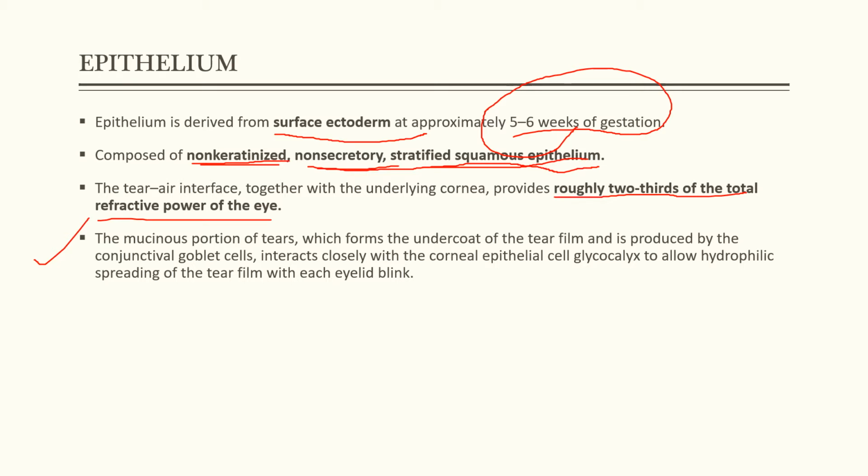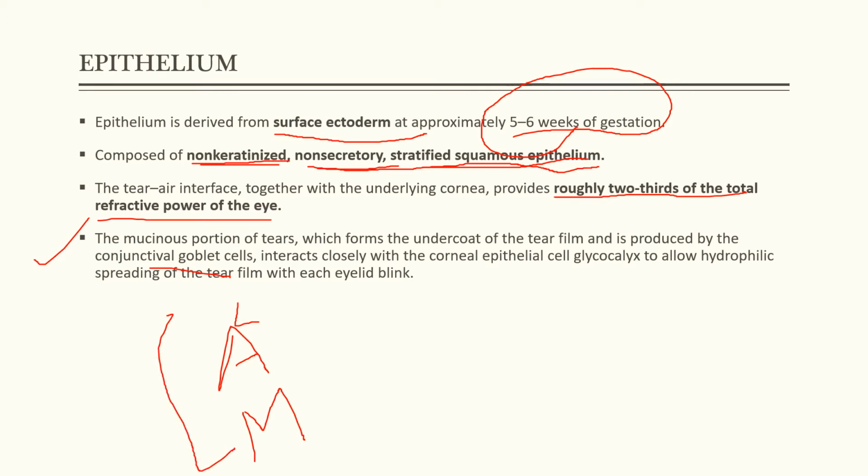The mucinous portion of the tears, which forms the undercoat of the tear film, is produced by the conjunctival goblet cells. As we all know, the tear film has lipid, then aqueous, and then the mucinous part. Right, these are the three layers of the tear film.